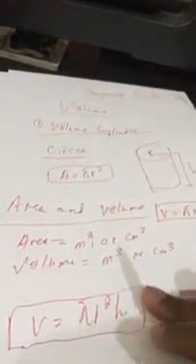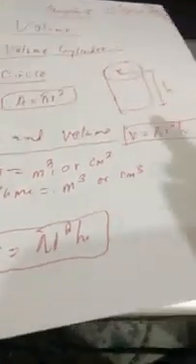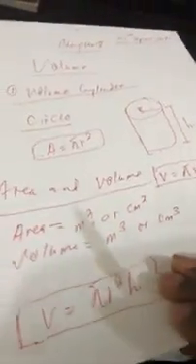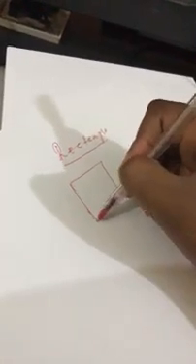Math formulas, you don't need to memorize, but if you understand, you can easily make up your own formula. So if I ask you to make a formula for the volume of, let's say, a rectangle. Let's say we have this rectangle, and we need to find the volume of the rectangle. You can see the shape of the rectangle is only a two-dimensional shape.